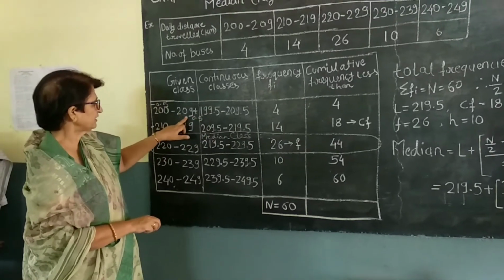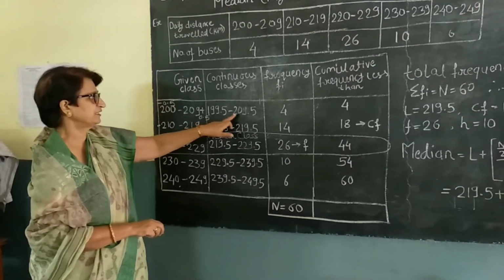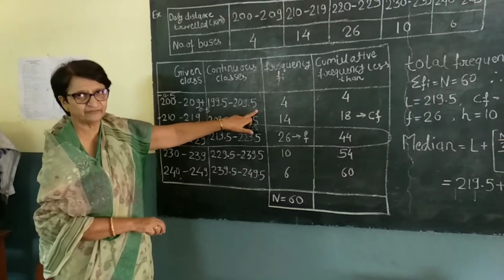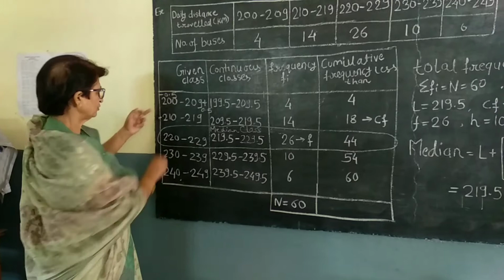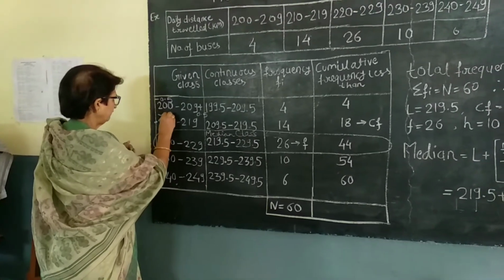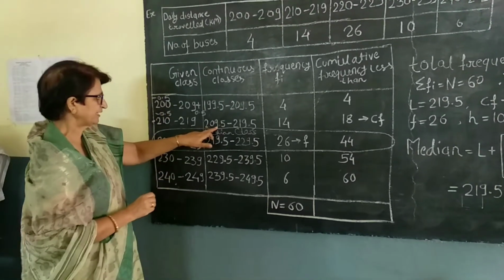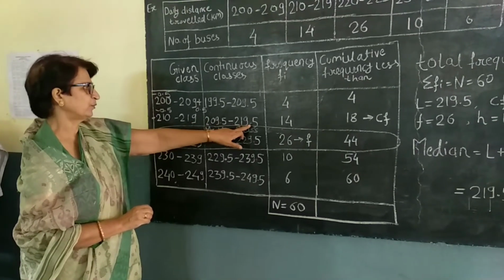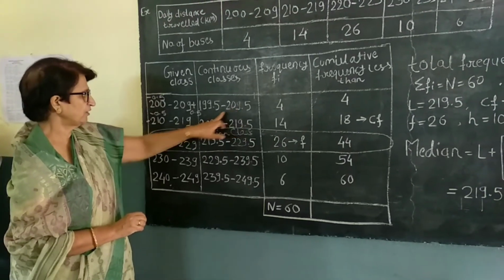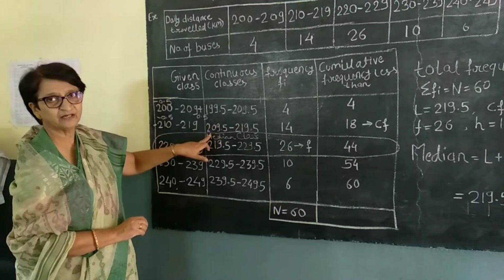When to 209 we add 0.5, we get 209.5. Here 210 we minus 0.5, we get 209.5, and when we add we get 219.5. So now you can see this has become continuous.